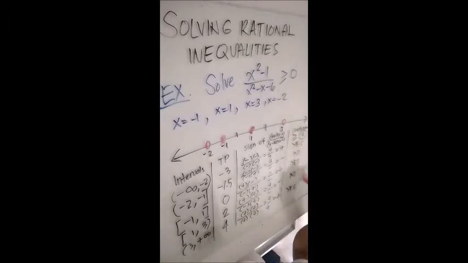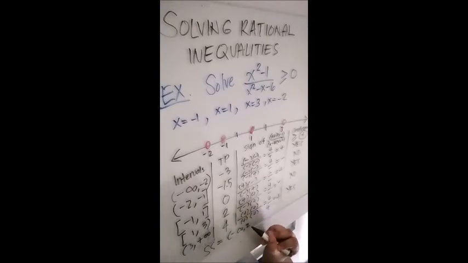We're going to take the union of all the yes. So the solution set is negative infinity to negative 2 union negative 1 to 1 union 3 to positive infinity. So this is the solution of the rational inequality.